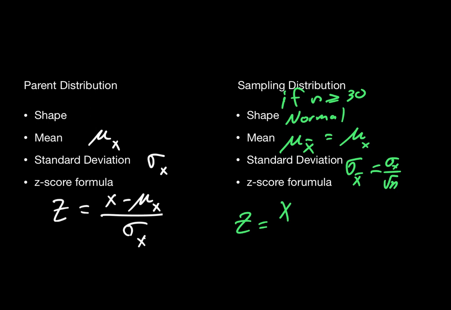When I'm doing a sampling distribution, remember when we did the animation? It had just a couple data points, and then boop, and then plop down the average. My data now, in a sampling distribution, my data are averages.